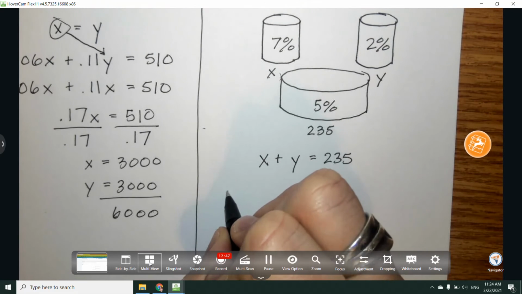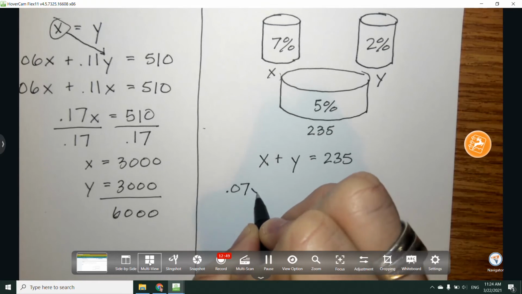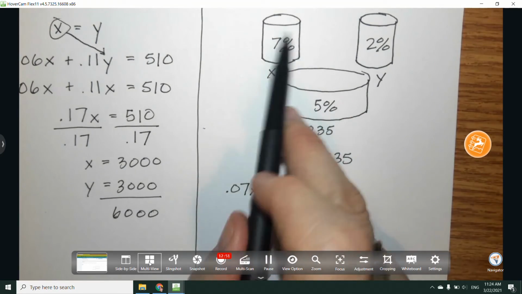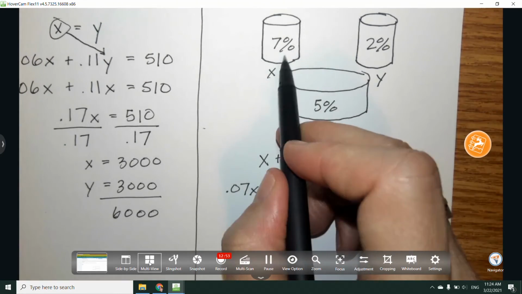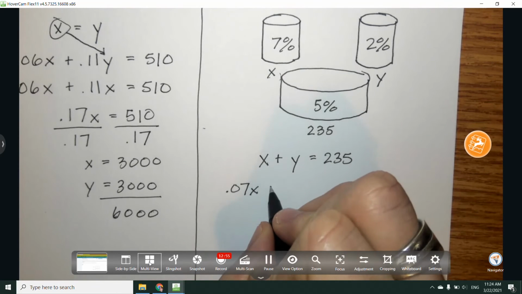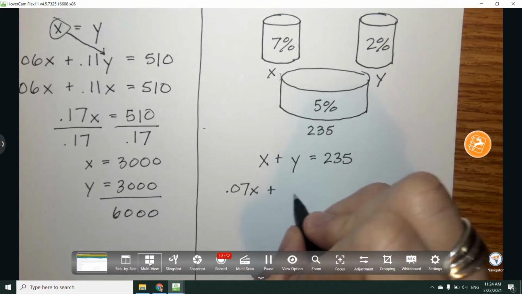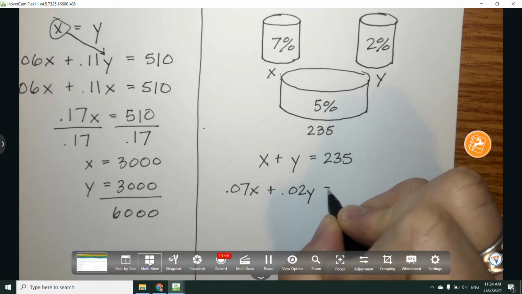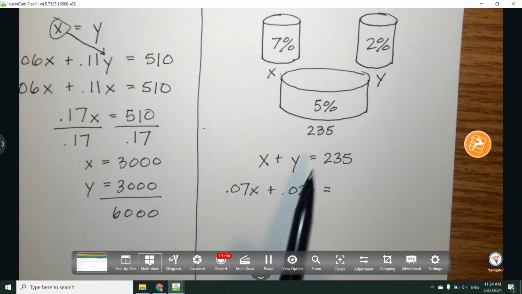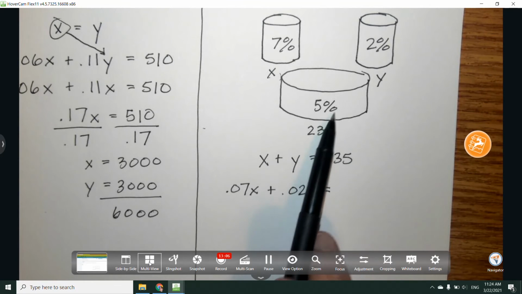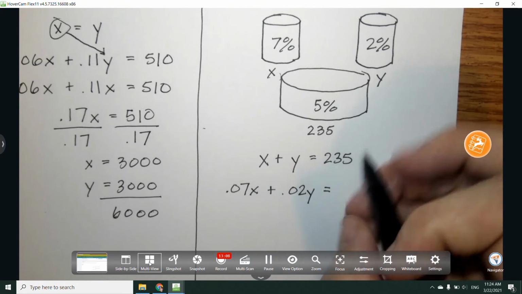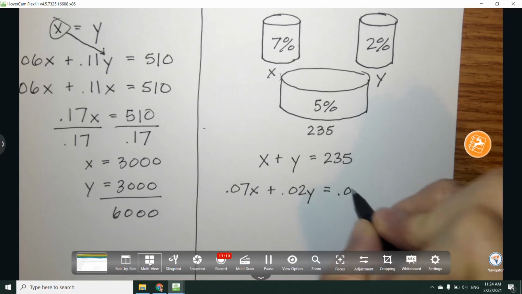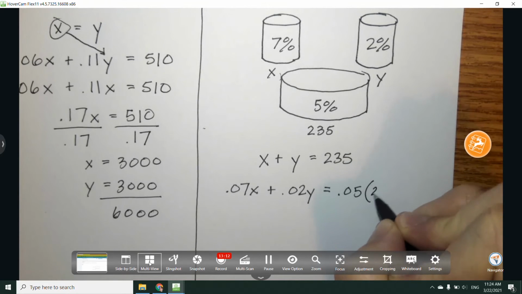So we need 0.07x to be what this one equals. That determines our butterfat that's in this one. And then we're going to add it to this one, which is 0.02y. And then we need to multiply this one times its percentage because we want to know how much butterfat is actually in this one.